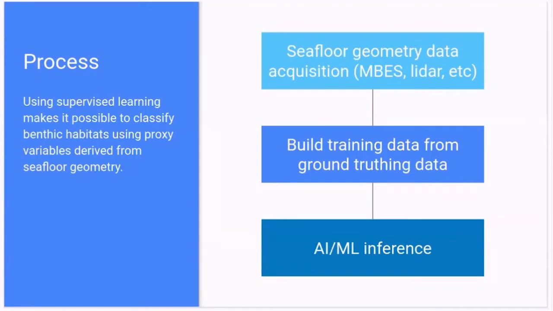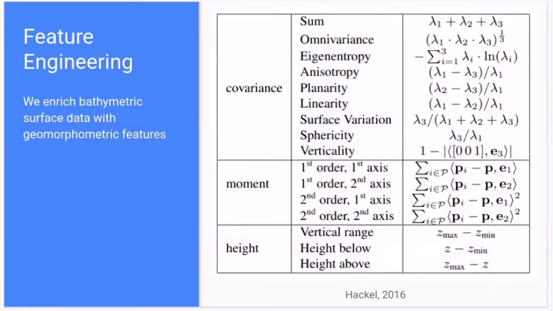So to that end, we basically enrich the ground truthing data using a neighborhood radius search to build the training data for the AI to basically learn from the different proxy variables available to it and give us our classification.